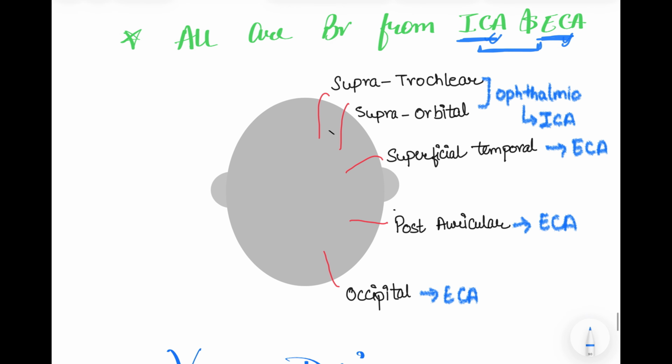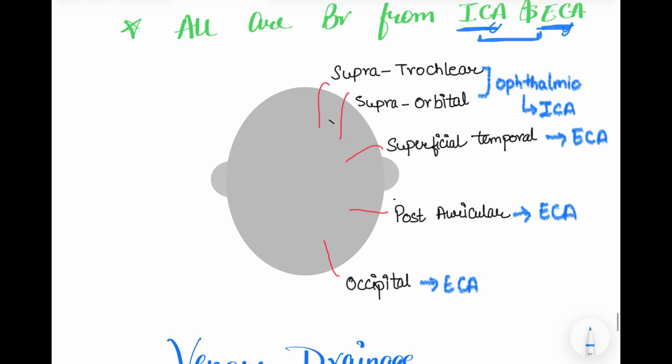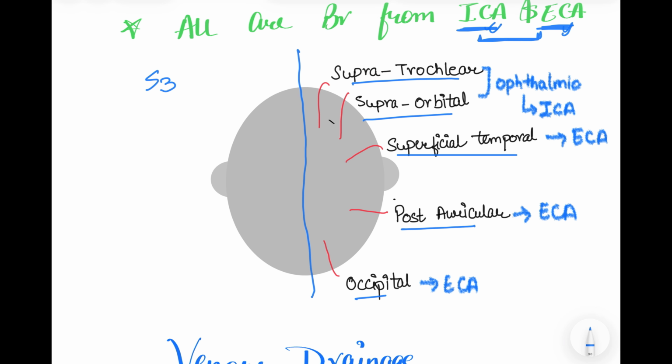So we'll talk of the arteries over here. In the front, I have supratrochlear, supraorbital and superficial temporal. So I have 3 S over here. And behind the ear I have 2, that is posterior auricular and occipital. So PO, yeah, OP I can say behind my auricle.